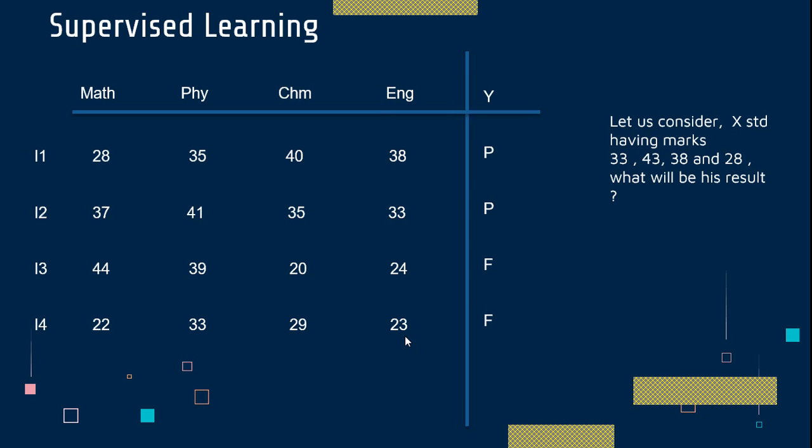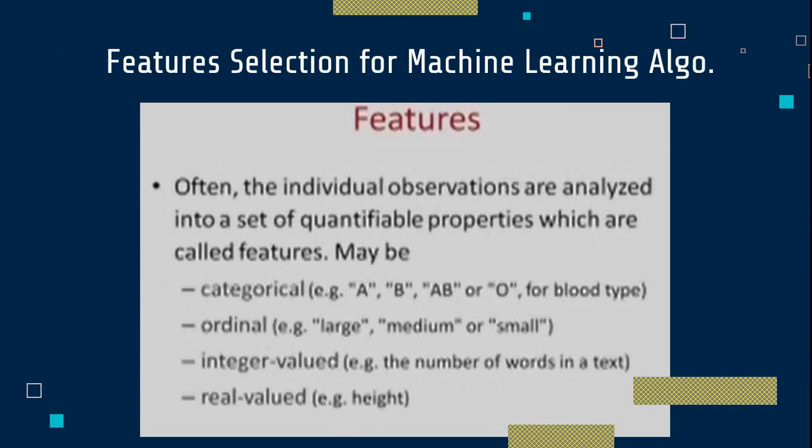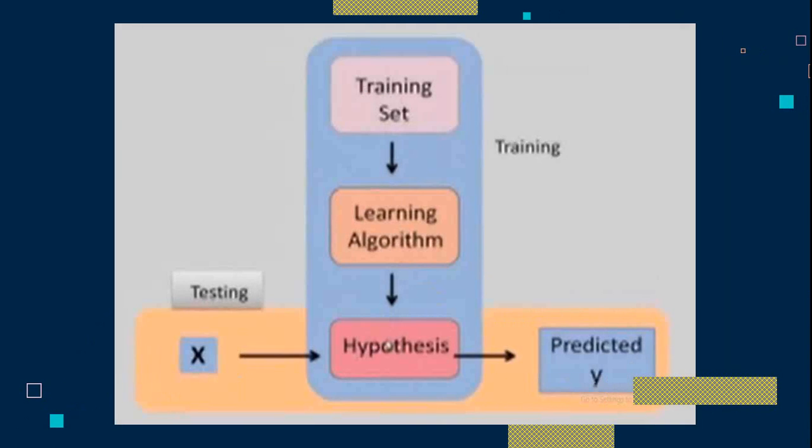Then you can give a prediction: the student having less than 28 marks will have the prediction y equal to fail. This is the working of a machine learning algorithm. I hope all of you now understand how machine learning algorithms work.